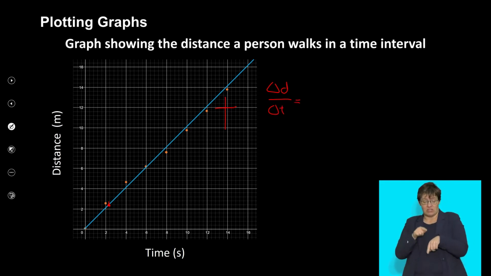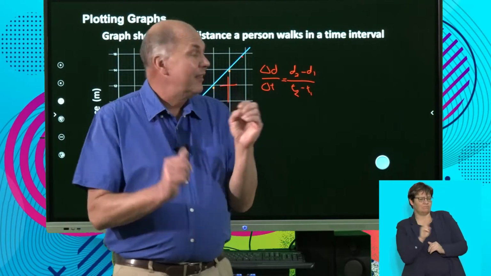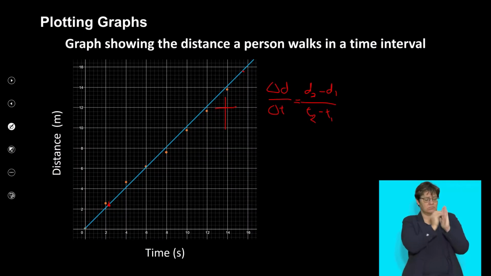And we're going to take this point here that we wrote up, which has now disappeared, which was that point over there, as distance 2 minus distance 1 over time 2 minus time 1. Now, it's important, having looked at the points, that you actually write down those coordinates.